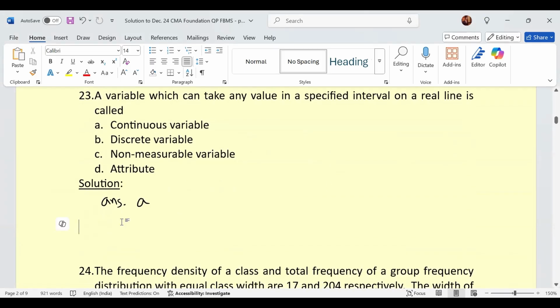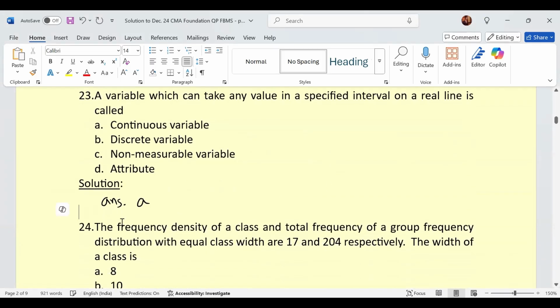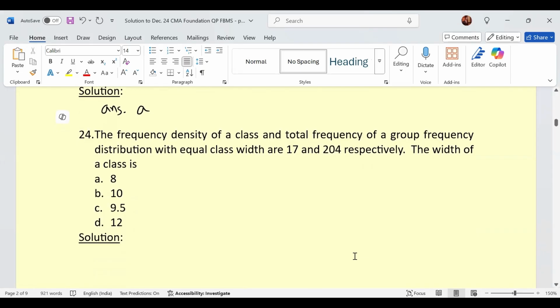Then the next one. The frequency density of a class and total frequency of a grouped frequency distribution with equal class width are 17 and 204 respectively. The width of the class is what?